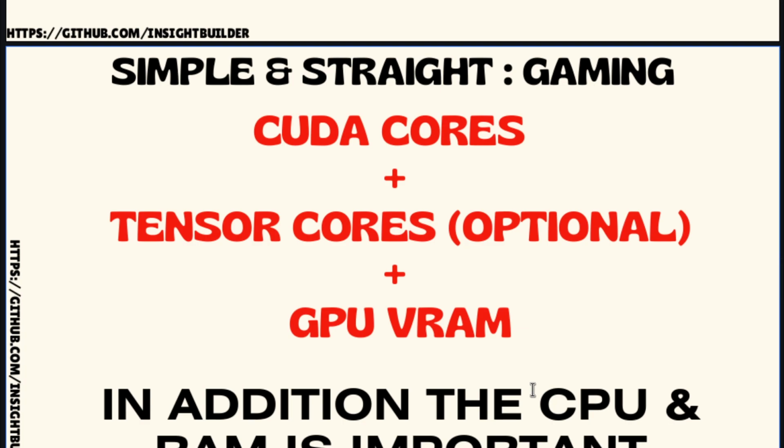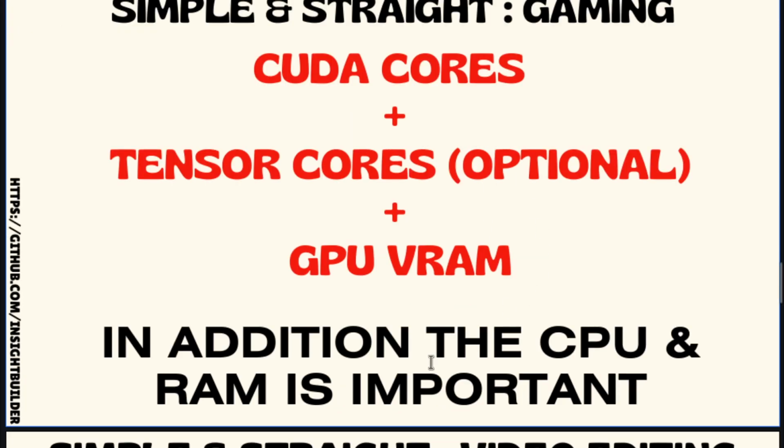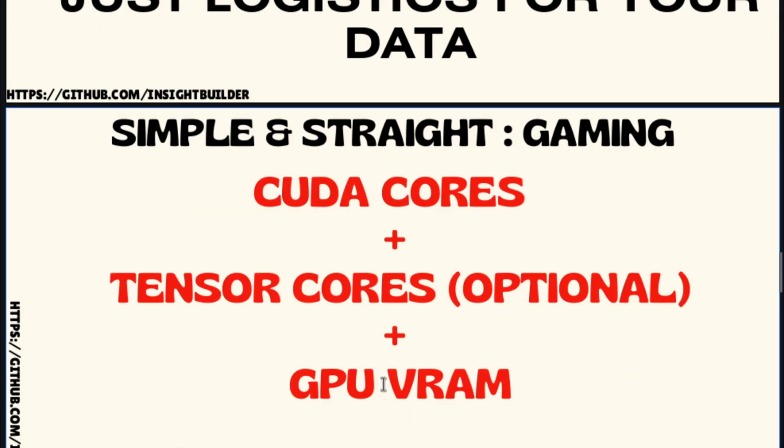Going forward, simple and straight. Gaming requires CUDA cores, Tensor cores, and GPU VRAM. But gaming does not stop there. It requires a very good, powerful CPU, and the RAM is also important. So gaming computers are a full system application. Gaming takes all the resources in your computer, because it is an application that will move data from your CPU, from your dedicated RAM, to the GPU on a regular basis.